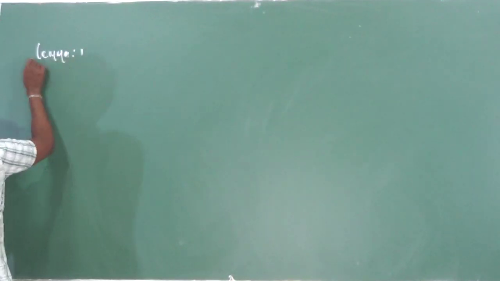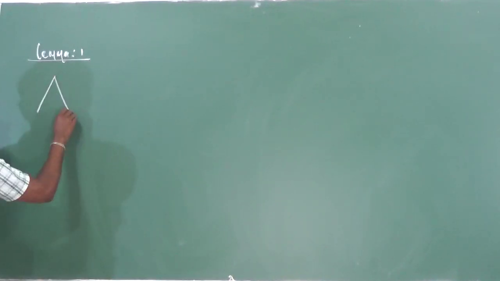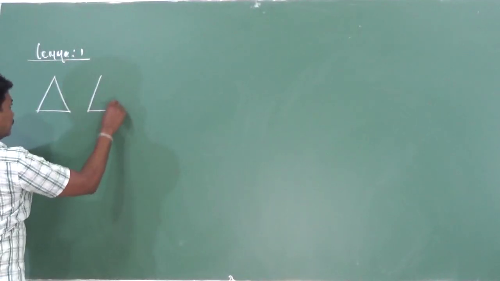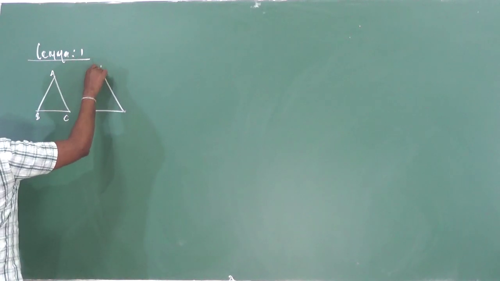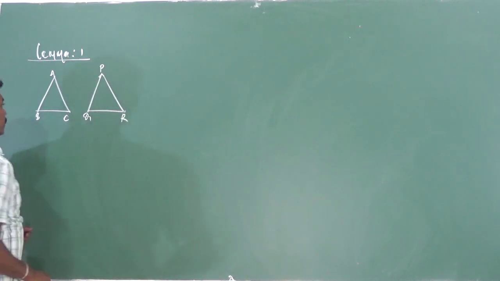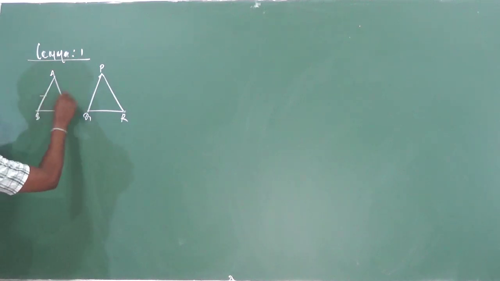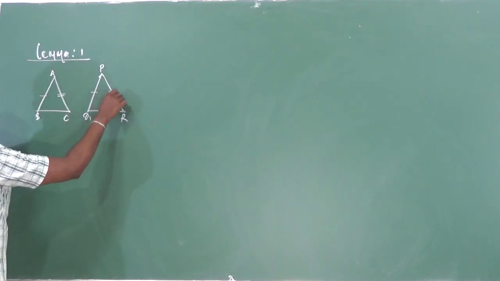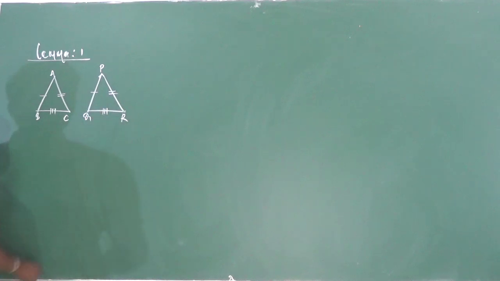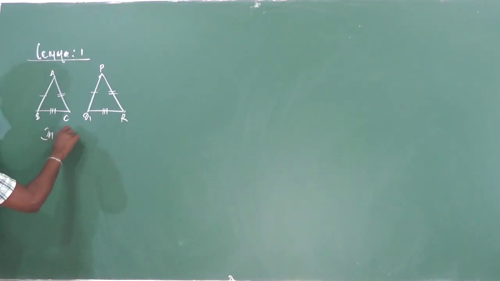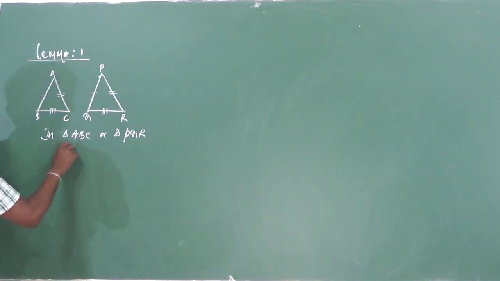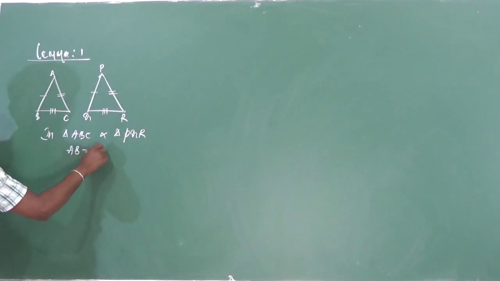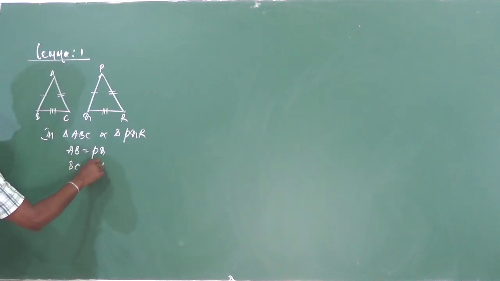So lemma 1, right? I have one triangle, I have another triangle. Let us call it ABC. Let us call this PQR. Okay, there are two triangles. So in triangle ABC and triangle PQR, AB is equal to PQ, BC is equal to QR, and AC is equal to PR.